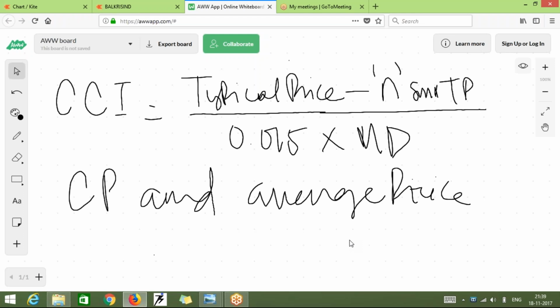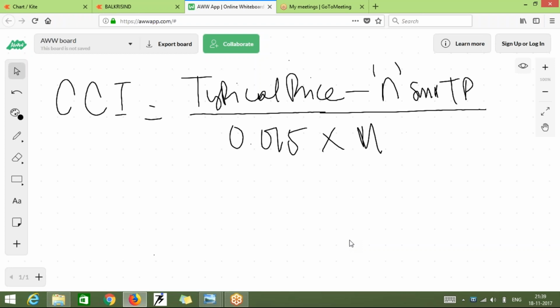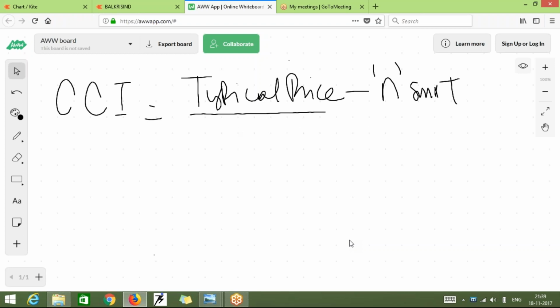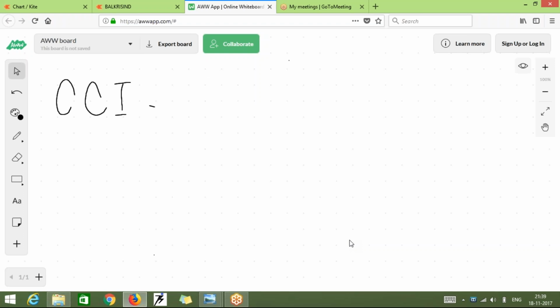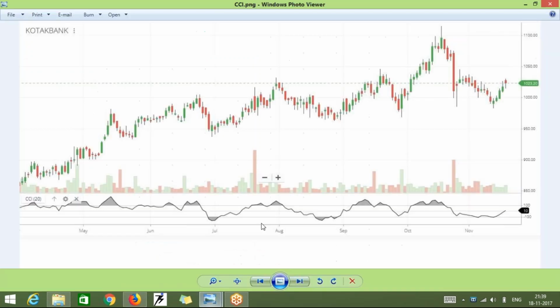There are a few extra things which you could get in CCI. I'll be telling how to trade using CCI. So let me open a chart where I can show how to trade using CCI.